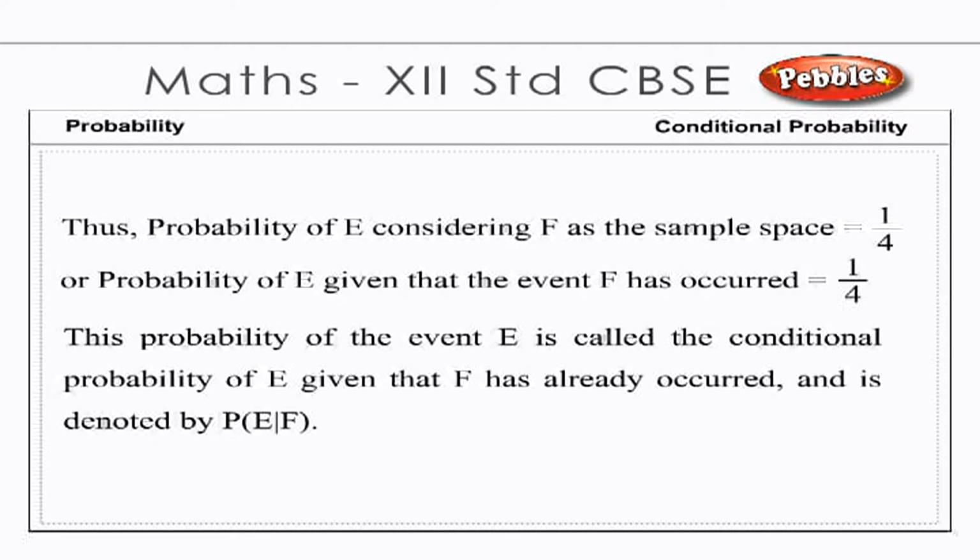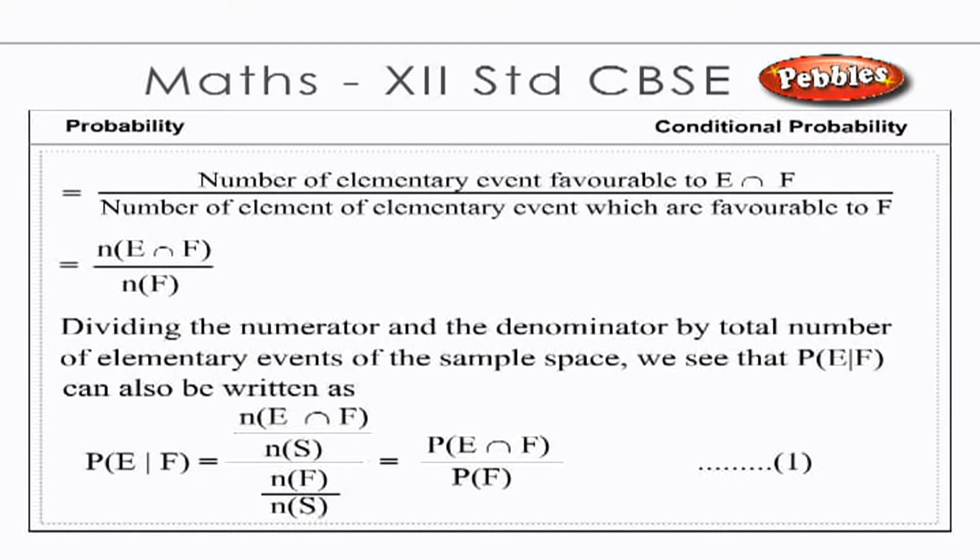This probability of the event E is called the conditional probability of E given that F has already occurred and is denoted by P of E by F. Thus, P of E by F is equal to 1 by 4.